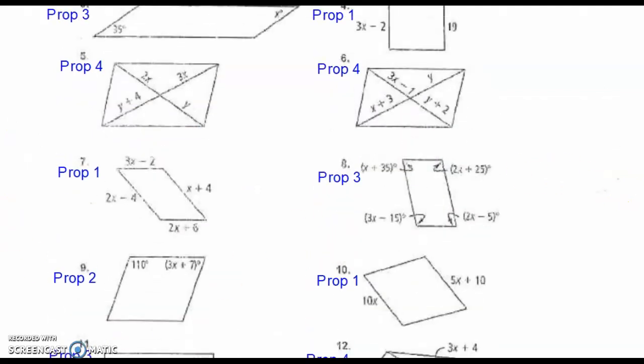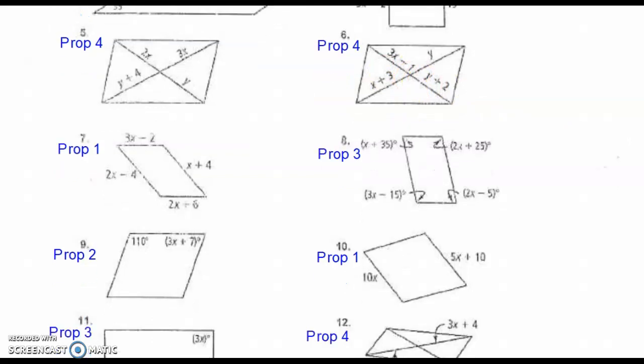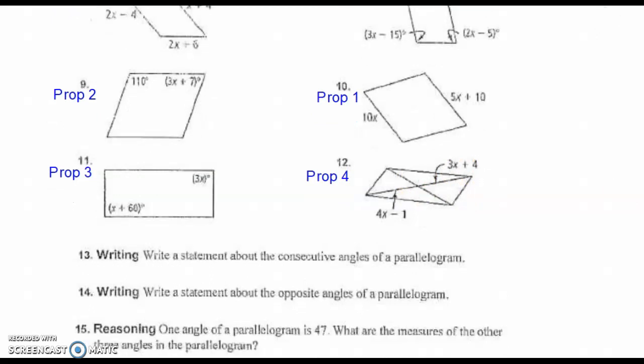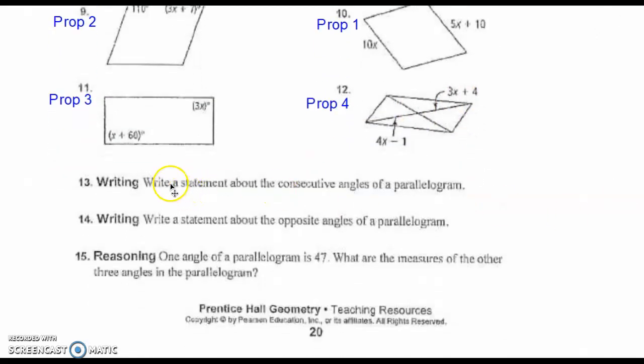Let me just go back up. These two are just like the last example I did with you. These two here, they're dealing with diagonals. And this guy, we know these are equal because they're opposite angles. We know that these two pieces of the diagonal are equal because the diagonals bisect each other. And then please do these last three problems.